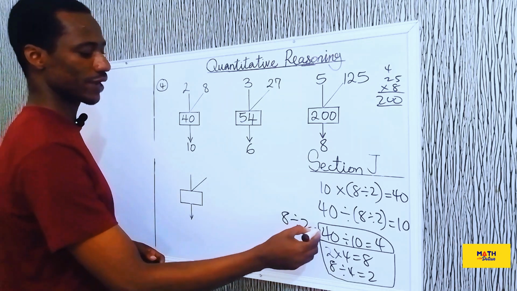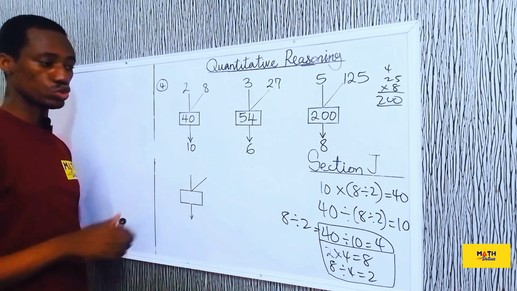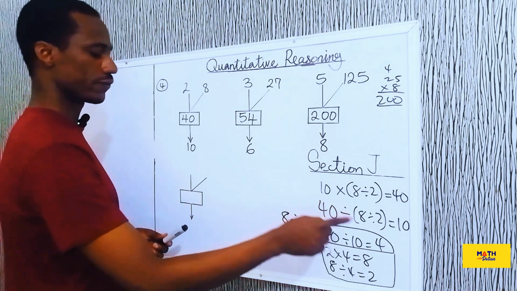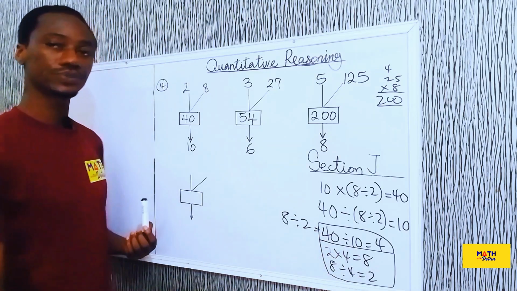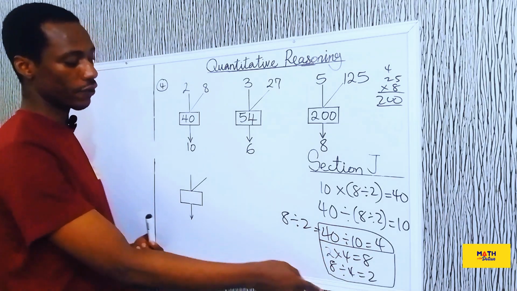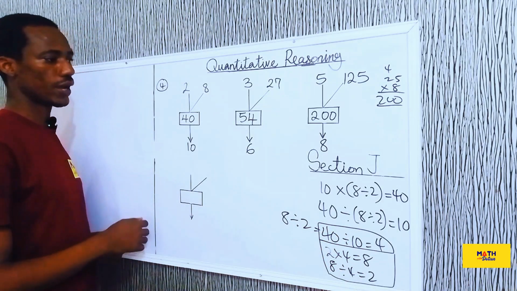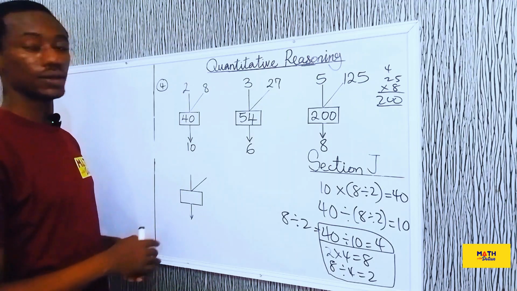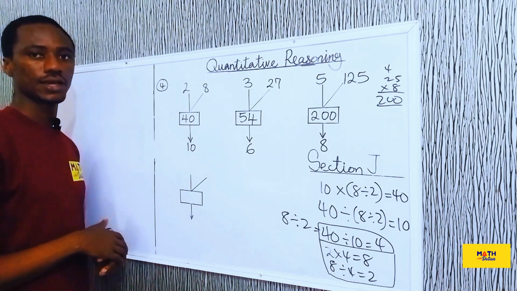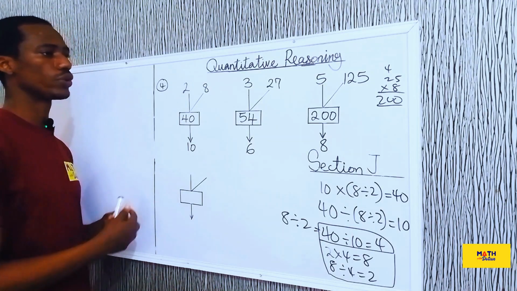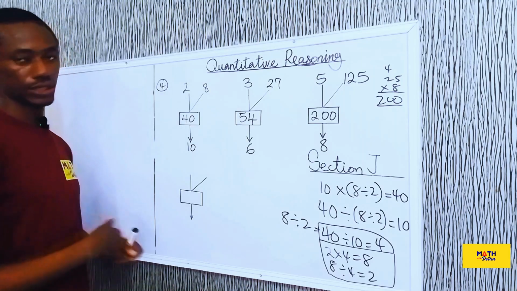So since 8 divided by 2 is equals to 4, that means 4 times 2 is 8, and then 8 divided by 4 is 2. All right? So let's go over to the exercises and see how we answer the final questions in this series.